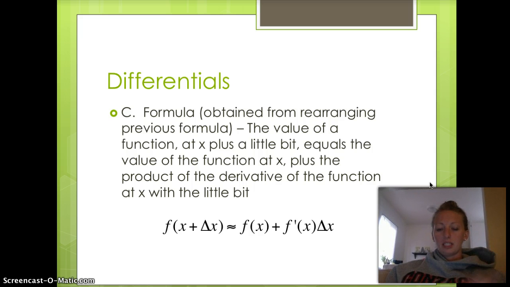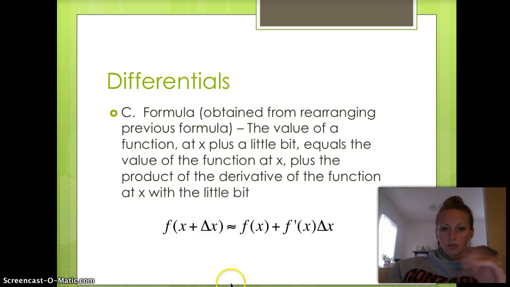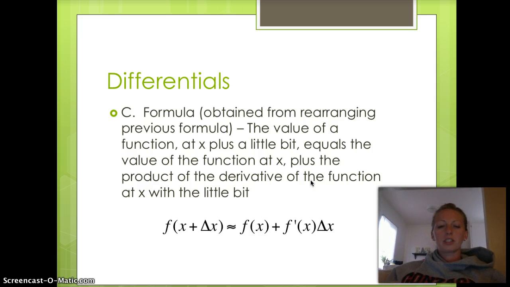The value, this is how it reads: the value of a function at x plus a little bit, because remember, change in x means x plus a little bit, equals, or is approximately equal, which is why we have the squiggly, the function at x plus the product of the derivative of the function at x and that little bit. So it's just filling in all these blanks. It looks like it's going to be challenging, but it's not too bad. We're just filling in the pieces and we're going to get a number, essentially.